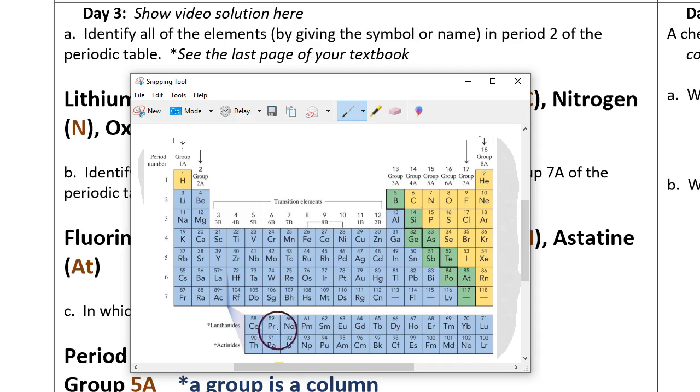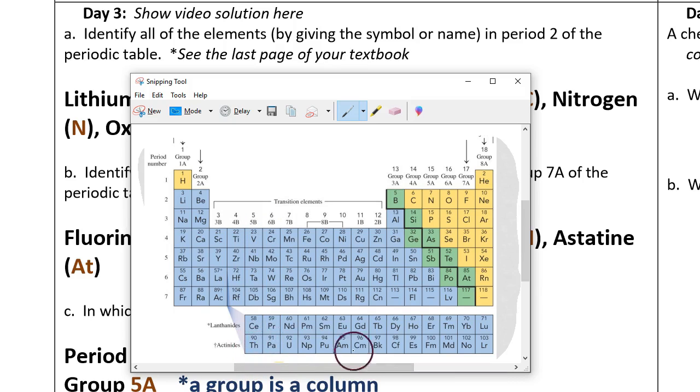In fact, this first row of 14 elements exists in between element 57 and element 72. That is, they're in between group 3B and 4B. Just because it's printed on paper that element 58, Ce, is kind of lined up in a column with column 5B, that doesn't mean it's in column 5B.